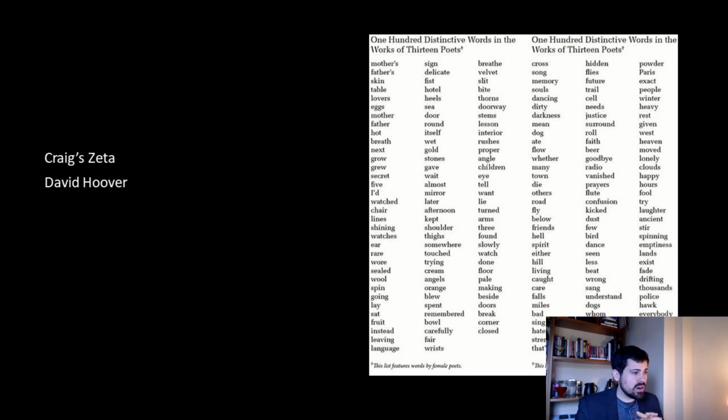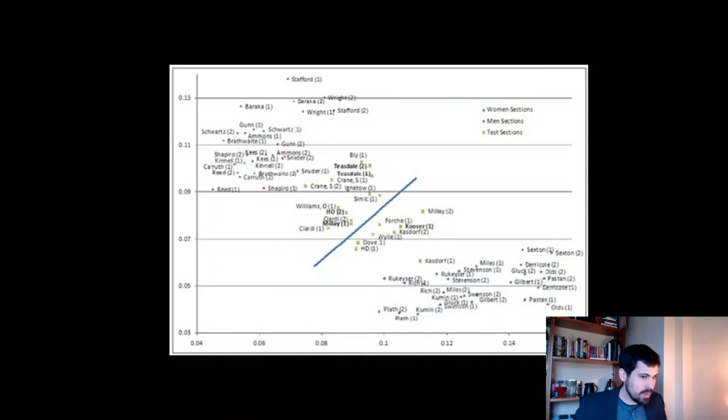And what you see here are the lists of the distinctive words that Zeta generated. The words on the left are those distinctive to the female poets, and the words on the right are distinctive to the males. As you can see, in both instances, you find words which might be considered to reinforce gender stereotypes. So the women talk about domestic things like mothers and skin and furniture, things like love and mirrors, whereas the men talk about strength, lust, and beer. Beer is there. Of course beer is there, men talk about beer, yeah?